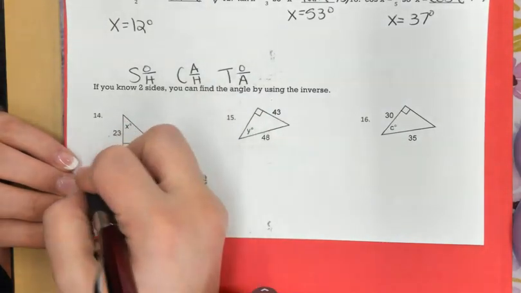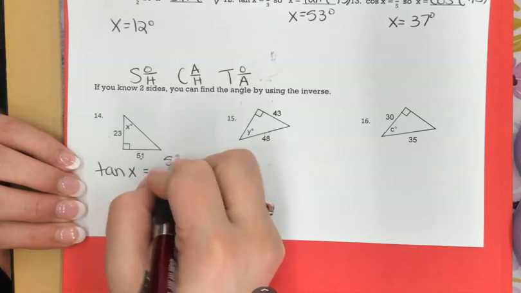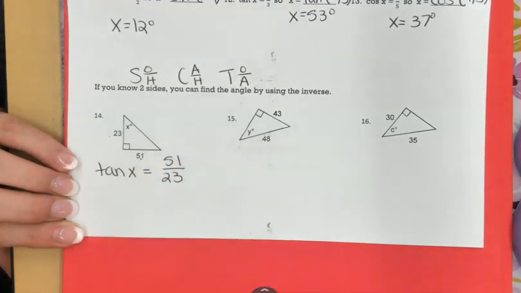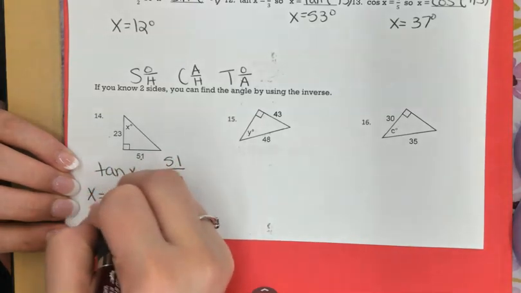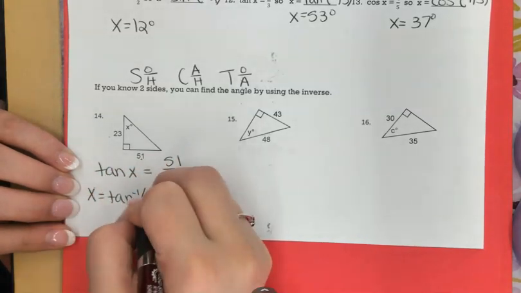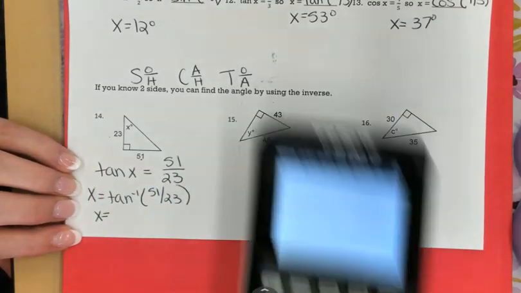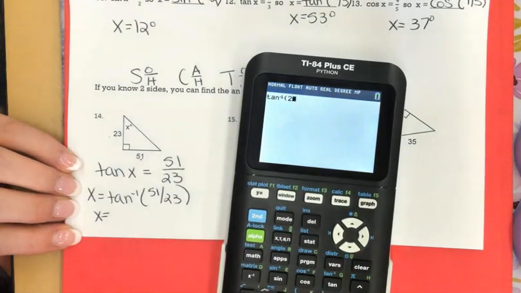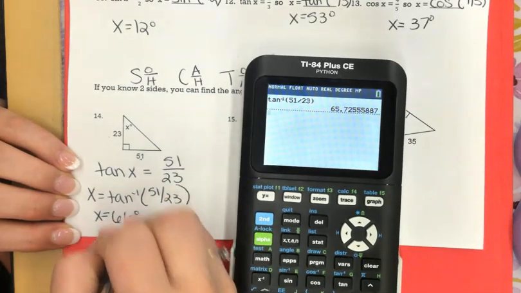So the tangent of my unknown angle x is going to be equal to opposite 51 over adjacent 23. So to find x, I will do the inverse tangent of my ratio, 51 over 23. And when I do that in my calculator, inverse tan 51 over 23, I get about 66 degrees for that missing angle.